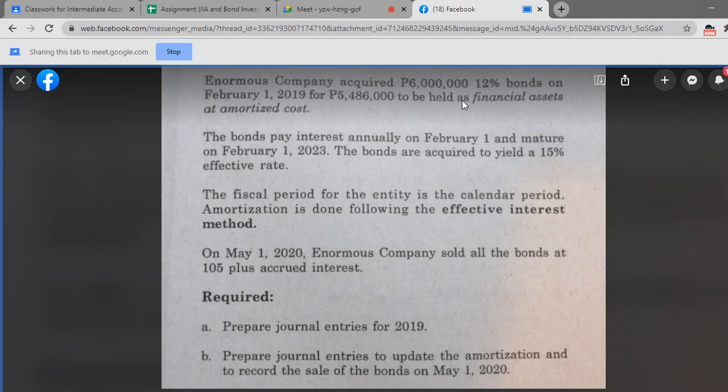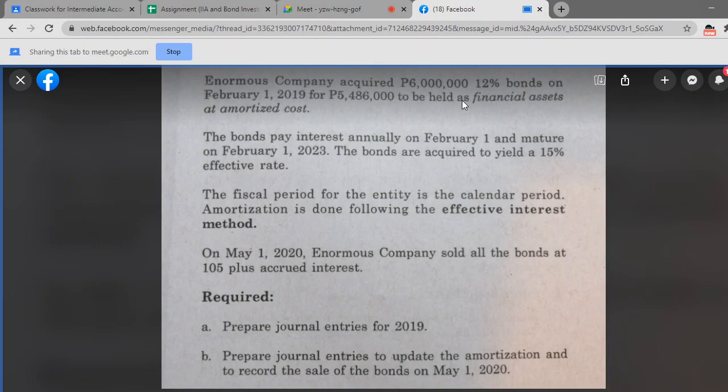The bonds are acquired to yield a 15% effective interest rate. So, ayan, may another clue tayo. Mas mataas si effective rate. So, kung mas mataas si effective rate, tama ba na discount? Effective rate is greater than nominal rate. Actual rate is greater than the coupon rate.